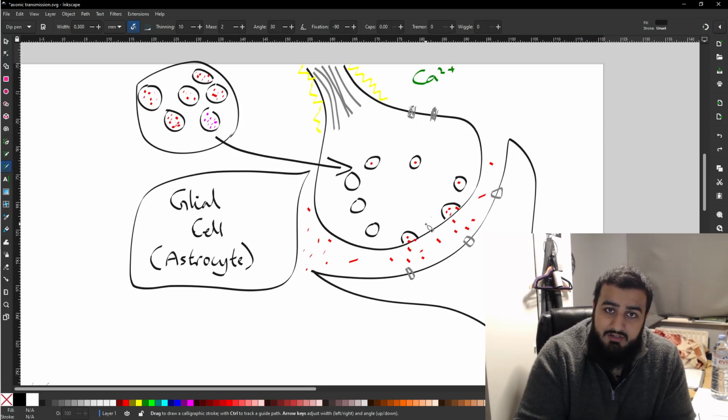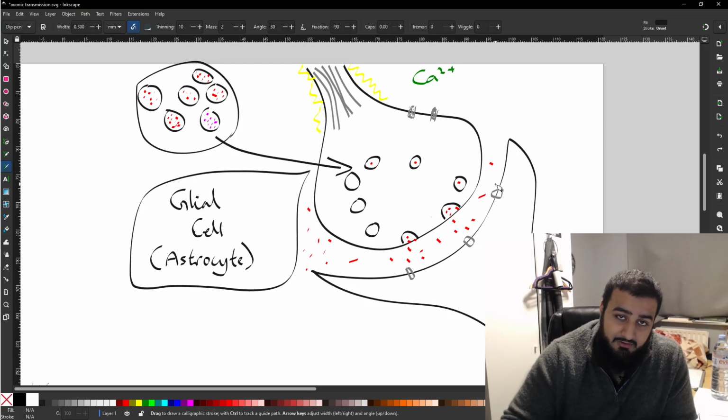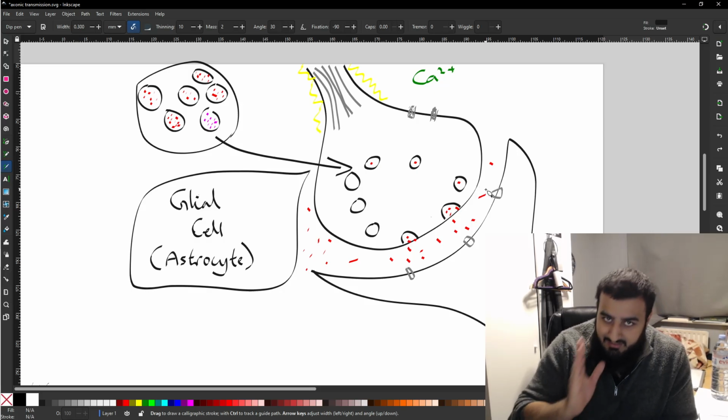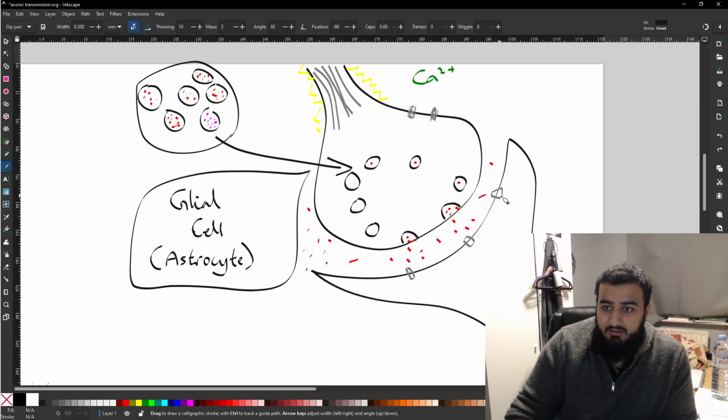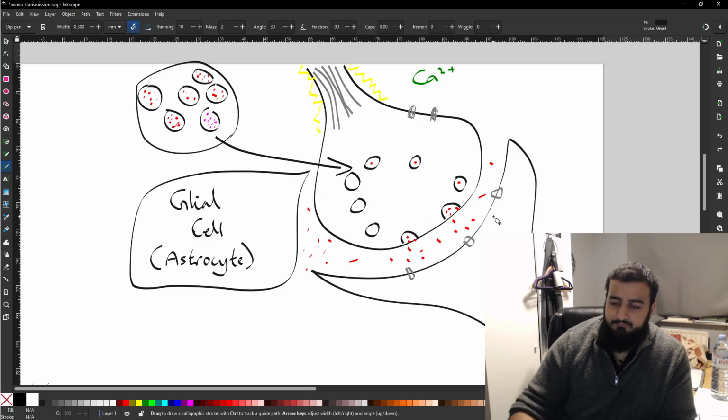If it was GABAergic or dopaminergic, etc., then the neurotransmitter would actually bind to a specific place on the membrane where a column specific to that neurotransmitter was present. And that column would directly channel the neurotransmitter towards the neurotransmitter specific receptor on the other side, on the postsynaptic neuron.